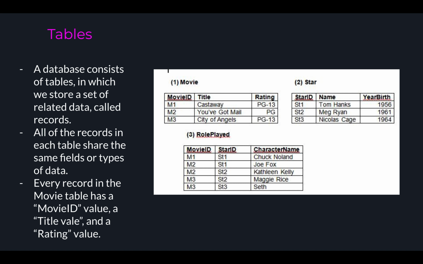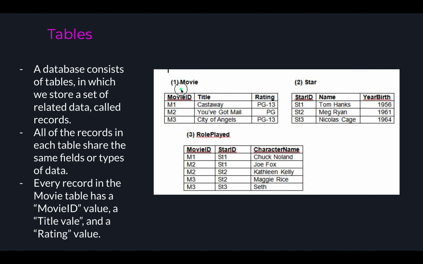So let's talk a little bit about how databases are organized and what databases really are. We know databases can be files, or they can be software programs. Regardless of which one they are, all databases have things called tables in them.